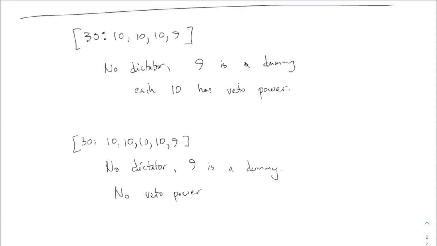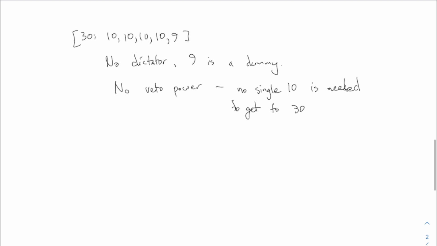Now, it's still true you need 3 10s to make it to 30, but no one of those 10s individually is necessary to make it to 30. This is slightly confusing in my opinion, but it's true. No veto power. This is because no single 10 is needed to get to 30. I will just say parenthetically, you can use the other ones.